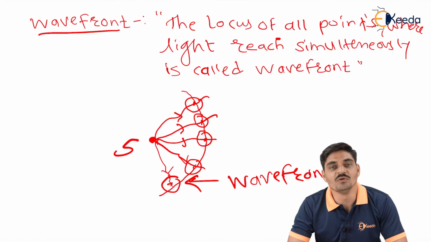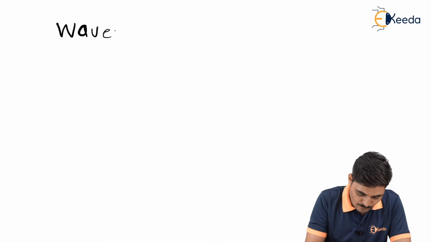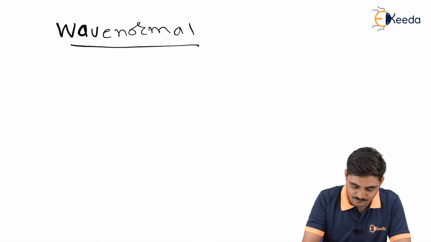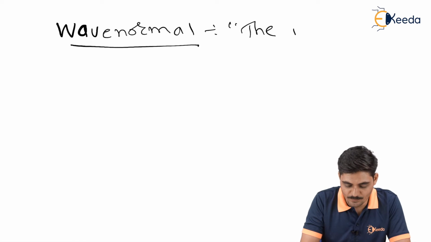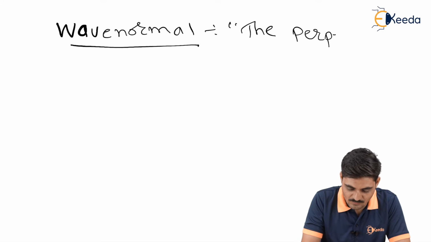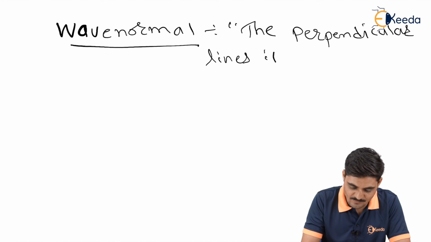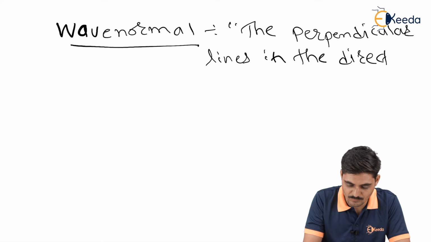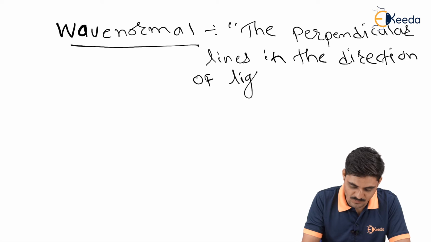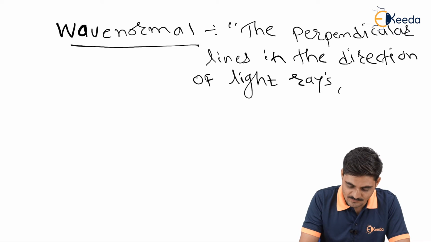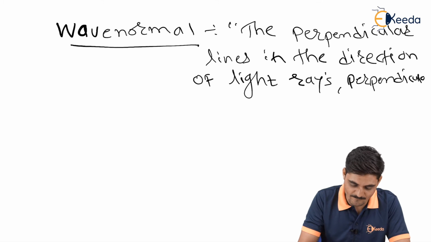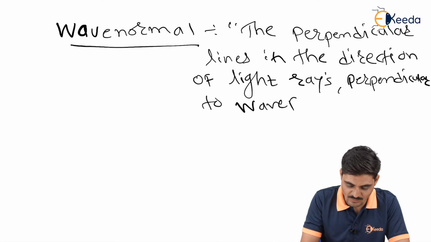So what is wave normal? The perpendicular lines in the direction of light rays, perpendicular to wavefront, are called wave normals.